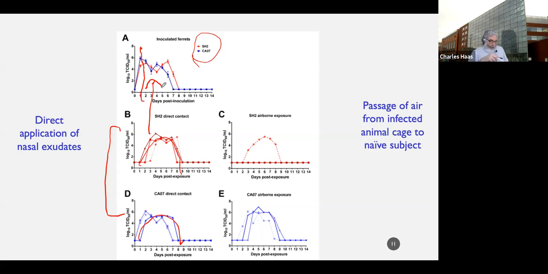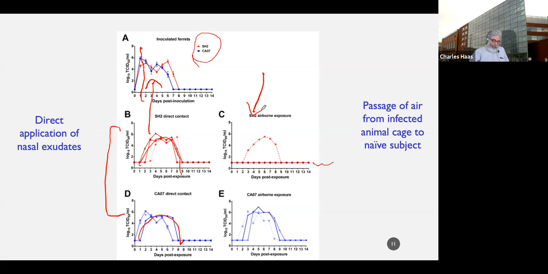what is surprising, and this is a control group down here, is that these groups of ferrets were administered only the air coming from the first set of cages.